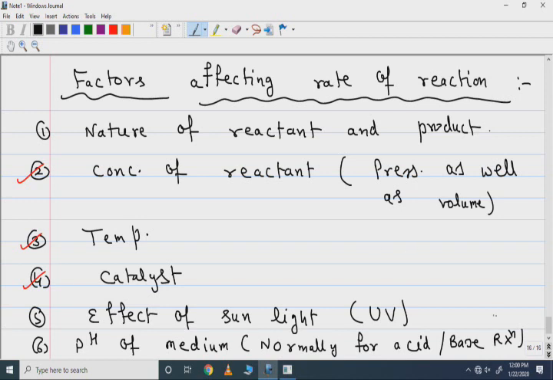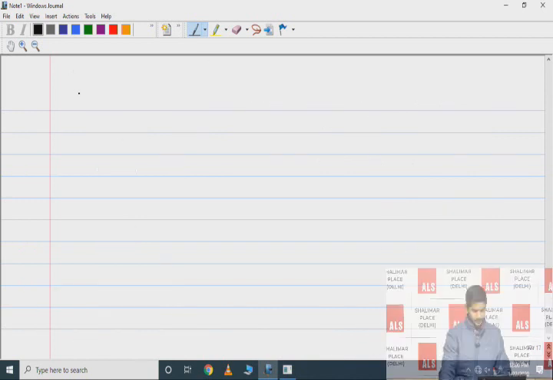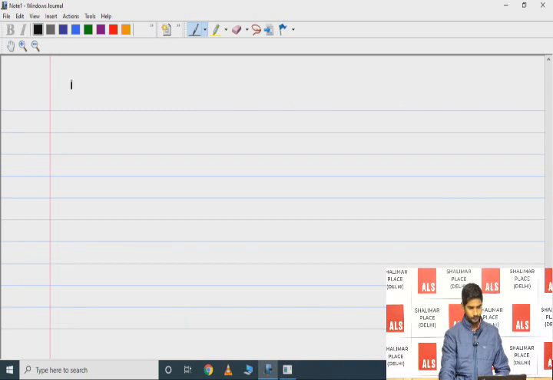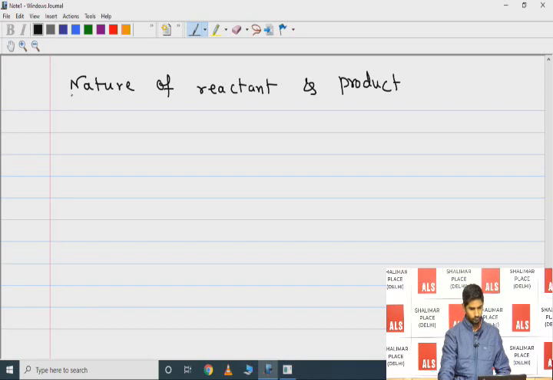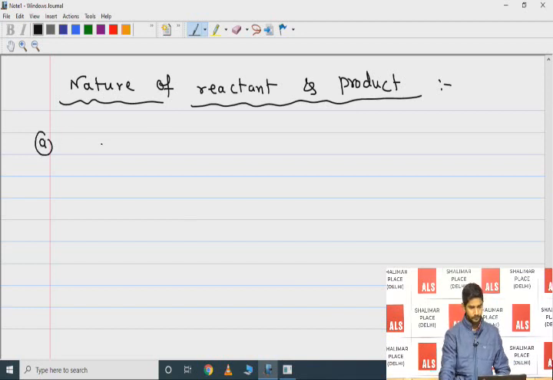Okay, so let's start with nature of reactant and product. First one is your physical state of reactant and product.